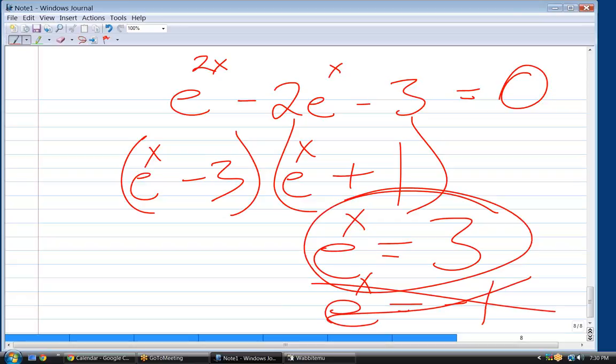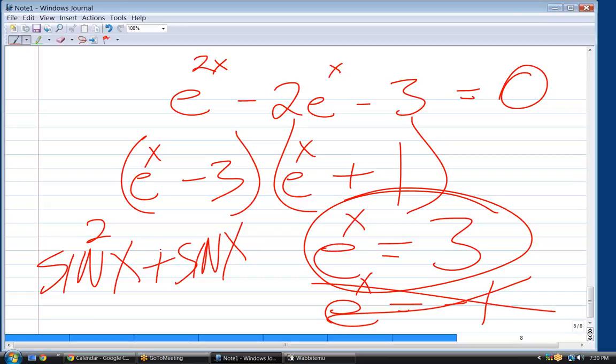So the real key to this problem is recognizing that it is a quadratic. You can have quadratics in a lot of different things. You can have quadratics in x. You can have quadratics in e to the x. You can have quadratics in sine x. So that you would have, say, sine squared of x plus sine x minus 3 equals 0, and that would be a quadratic in sine x.